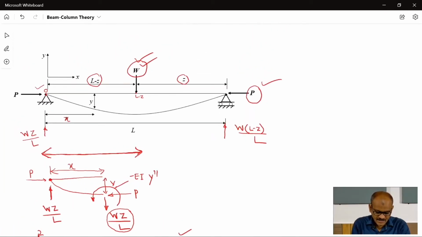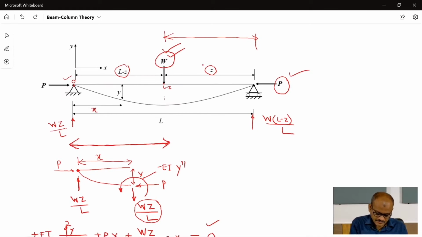Then similarly we can write for the other part of this beam column, this part. Let x be a distance from here. This is the section, and the x value varies from this point to this point.